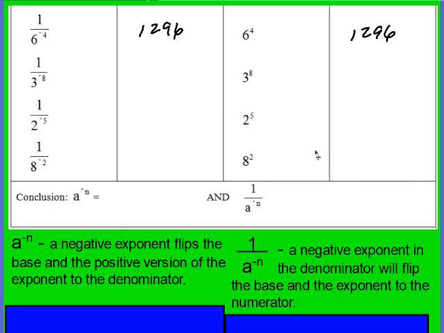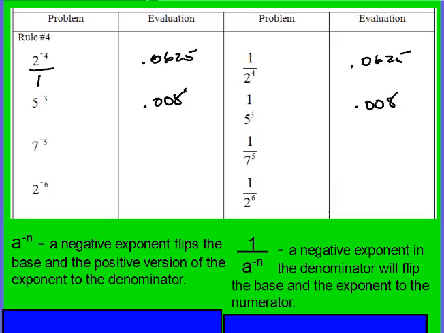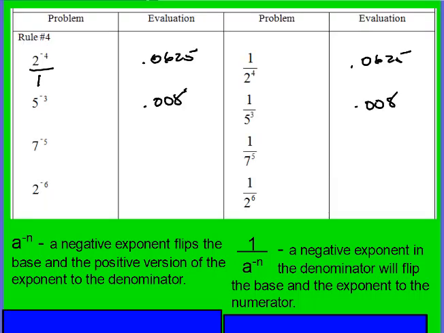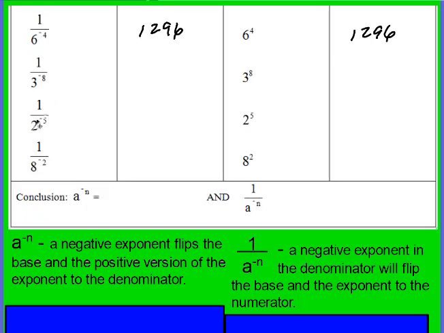All the rest of them are pretty easy, but this one right here, we have to understand that whether the negative exponent was originally in the numerator or in the denominator, it's going to flip it. If it's in the numerator, it's going to flip it to the denominator and the exponent will become positive. If it's in the denominator, it's going to flip it to the numerator and the exponent will become positive.